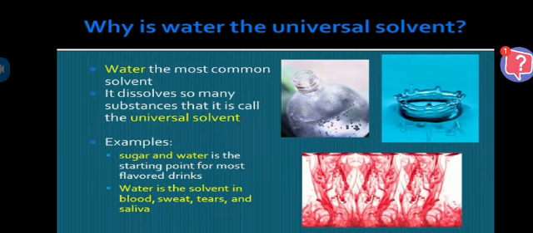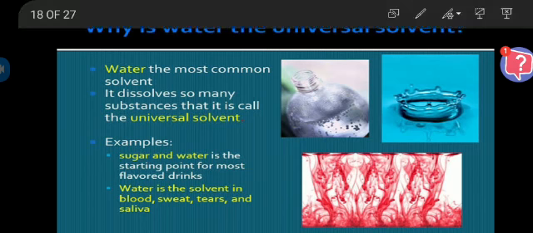So now let us know why water is the universal solvent. You all see that in every solution water is taken. Water is known as the universal solvent because it is the most common solvent and it dissolves so many substances.